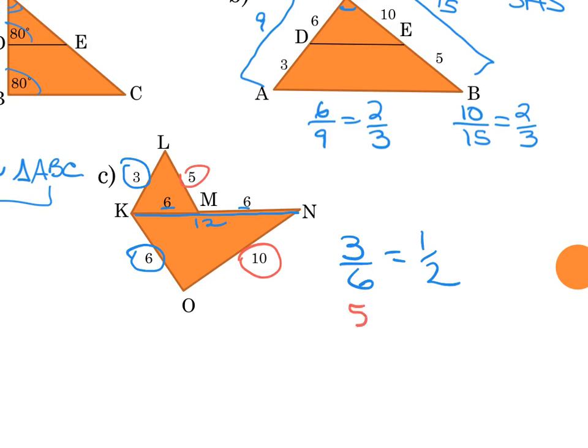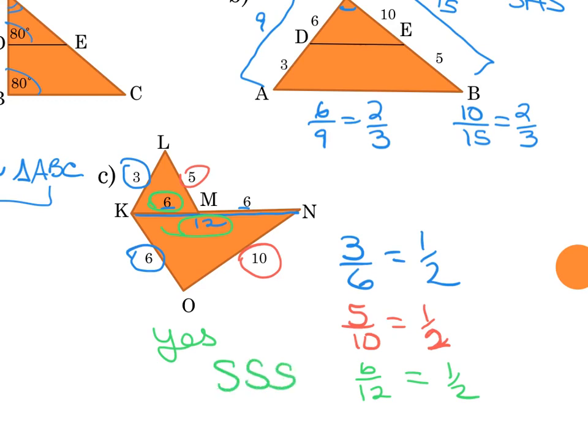So 5/10, and it's 1/2. And now the largest number, which is the 12/6. Now, if it helps you to pull them apart, you could also redraw them separated. So this one would be yes. We have shown that all three sides are proportional. So our reason would be the side side side similarity theorem.